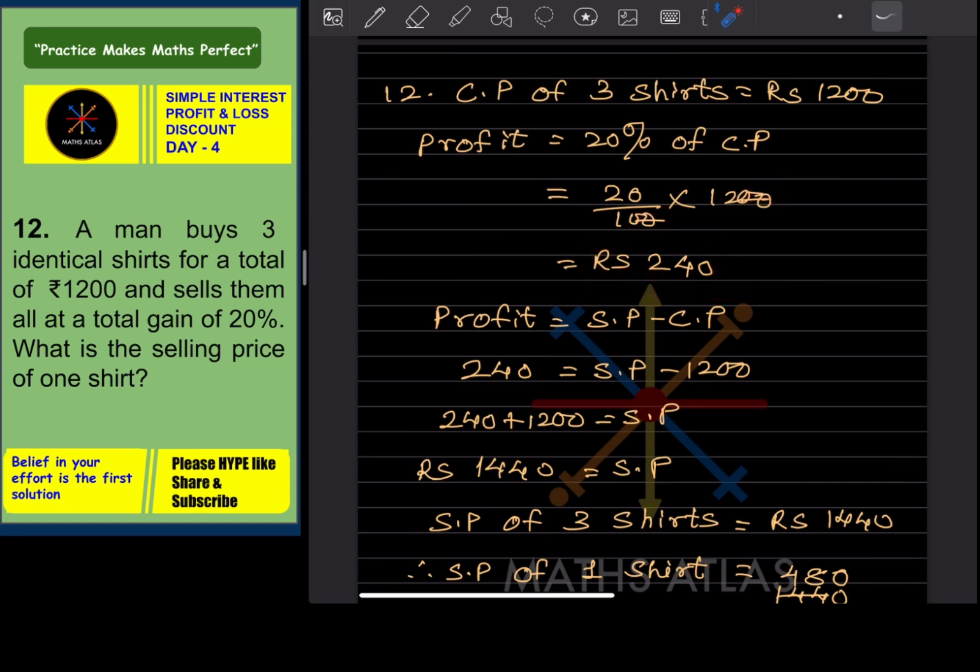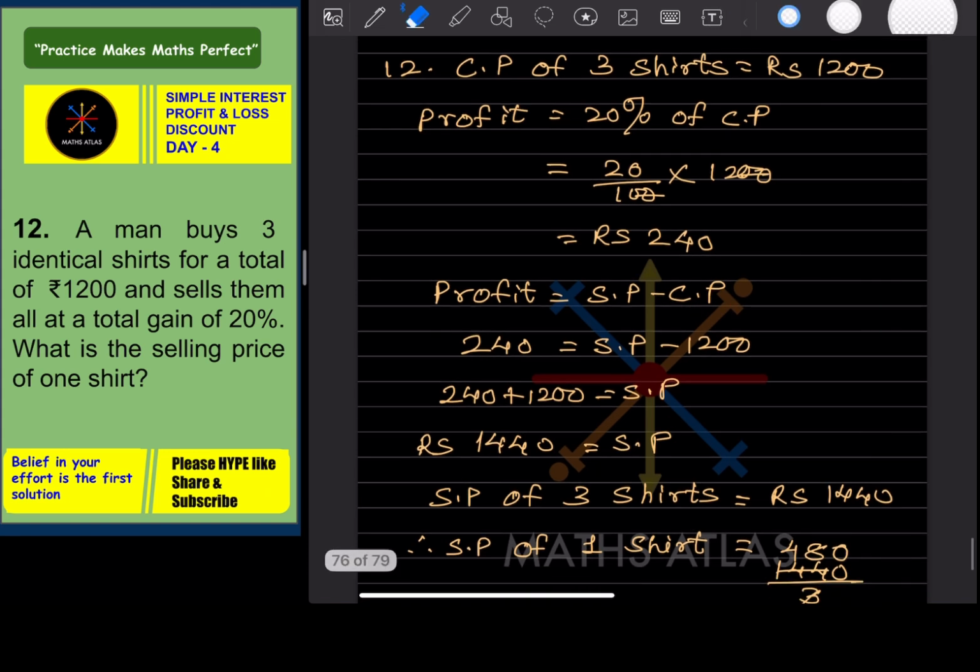So now again we want the selling price. This is 240. We'll use the same formula. Profit is equal to selling price minus the cost price. We already have the profit, that is 240. Selling price we don't know and the cost price is 1200. So this will come on the other side, plus 1200.